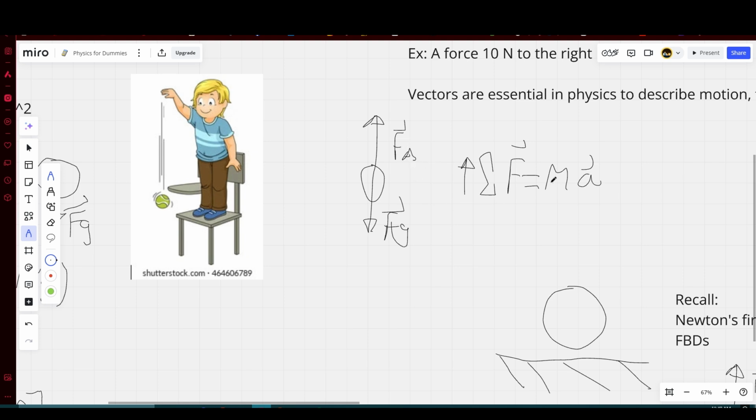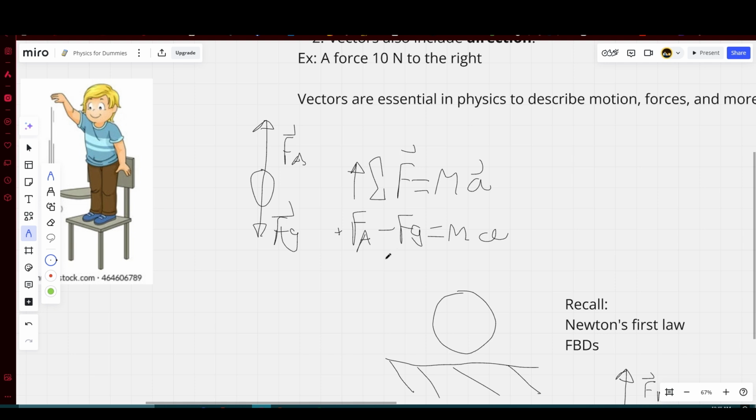So you made the up direction positive to account for vectors. So then FA is positive, because it's pointing up. But then what is FG? Well, FG is negative. So that would equal its mass times acceleration. Now, acceleration is still positive because FA is bigger than FG, meaning it's accelerating upwards. Therefore, FA minus FG equals m times a.